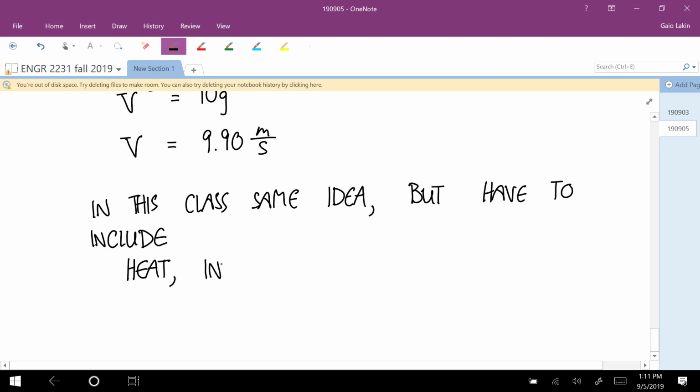We have to deal with internal energy, which you can think of as energy that an object has resulting from its temperature and its pressure. So again, in Physics 1 we didn't think about the skier's temperature or pressure changing significantly enough to matter.